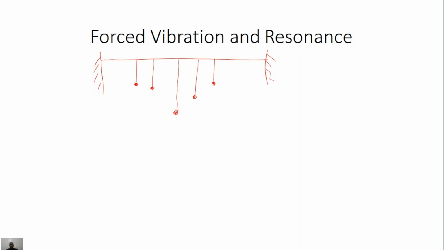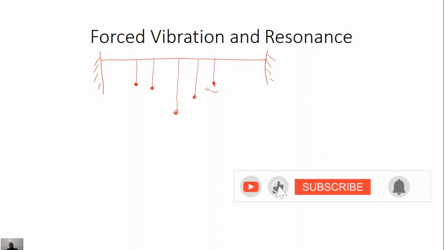When this body is displaced and made to undergo oscillatory motion, you observe that without touching the other bodies, this string can make the remaining bodies vibrate. When it happens like that, that is what is called forced vibration. If this one is displaced, it will undergo oscillatory motion at its natural frequency.